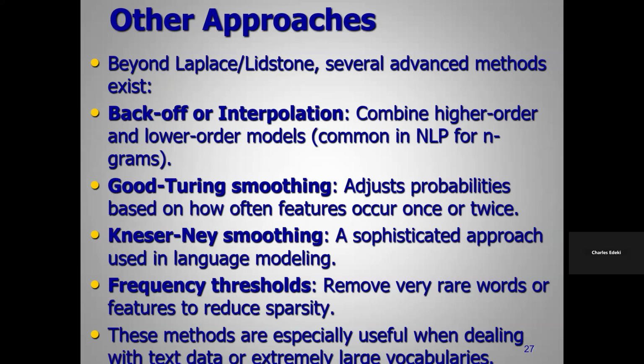Actually, let's go through one of them. The first one is called back-off or interpolation. Here we say it combines the higher order and also the lower order models. This is common in natural language processing. Then we have Good-Turing smoothing. Wow, nice ones. Frequency thresholds.